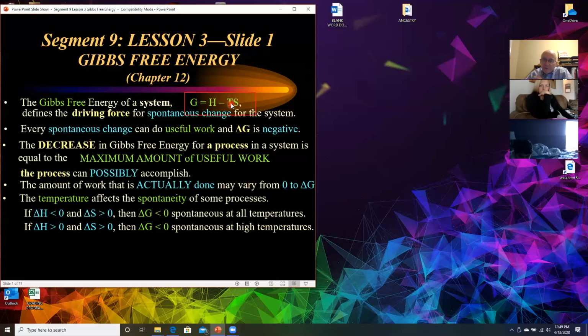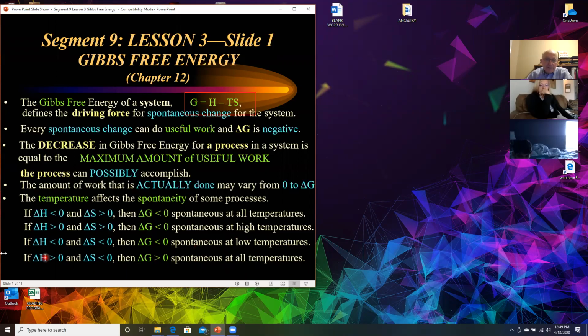So you're going to have to get this temperature up high before you get a negative value possible. They subtract from each other. If delta H is less than 0 and delta S is less than 0, delta G is going to be less than 0, so it'll be spontaneous at low temperature.